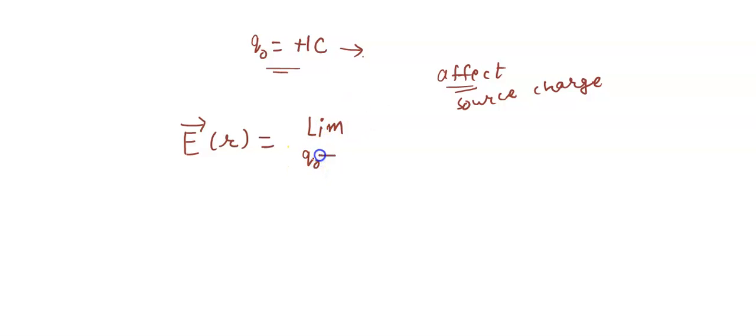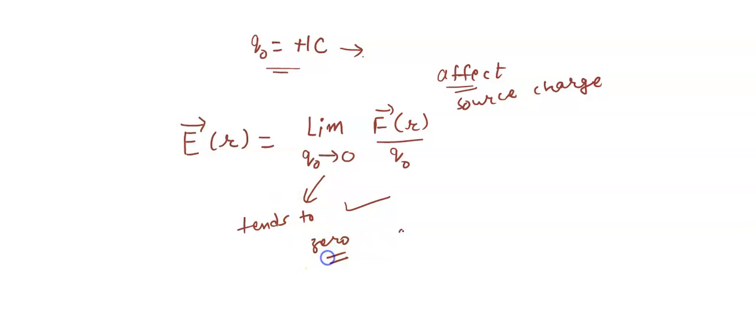Q naught is taken as a very, very small charge, one that tends to zero, which means it is not going to affect the source charge.